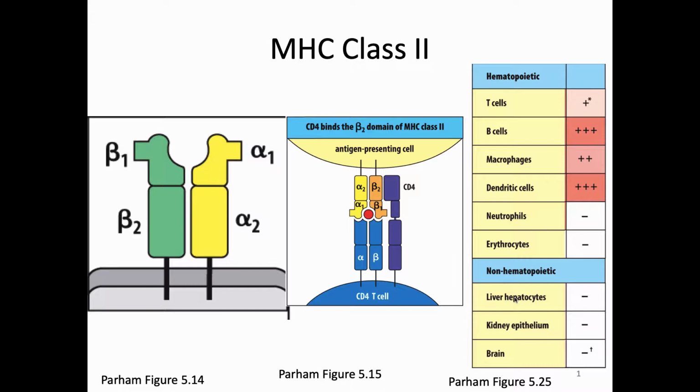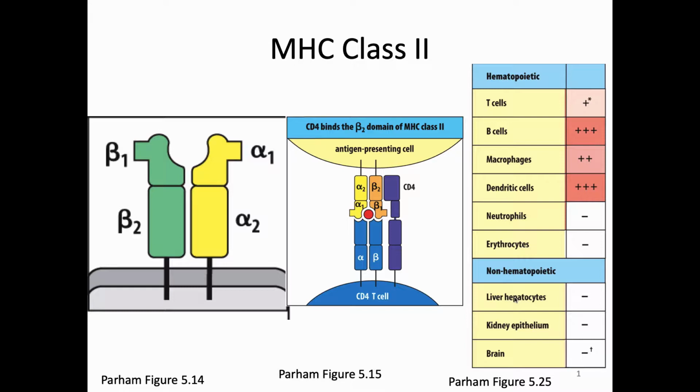That is also true for class 2. You really only get proper folding when you have both the alpha and beta chains as well as a peptide in the cleft. But one big difference is that with class 1, we have this beta-2-M protein that is non-covalently associated, so it has an on and off rate.